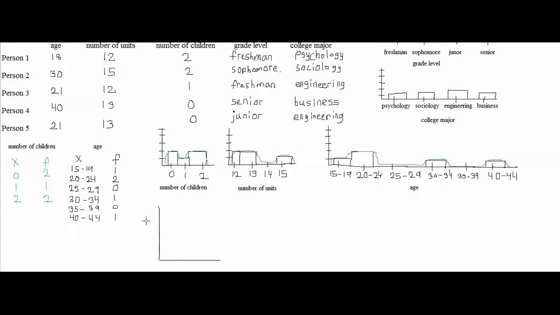Usually variables that have to do with amounts of time go on the x-axis, so we'll put age on the x-axis and number of units on the y-axis. So I'll put age right here. And we'll put number of units on the y-axis.